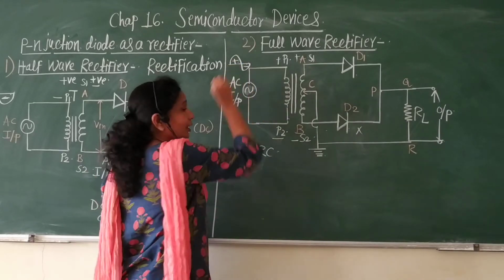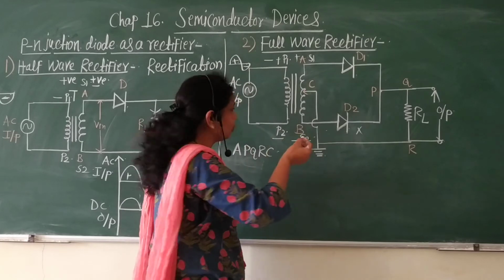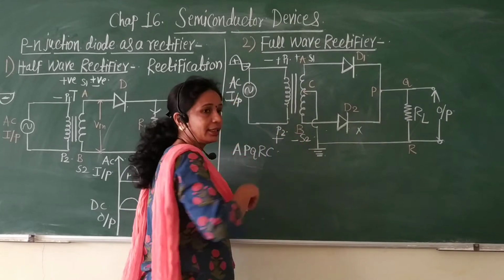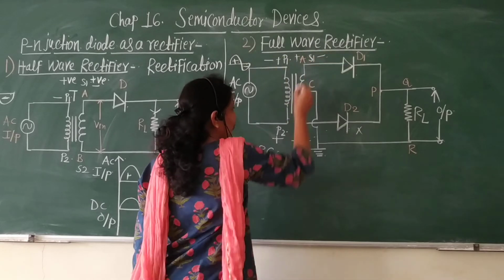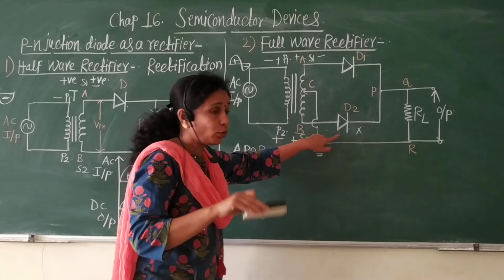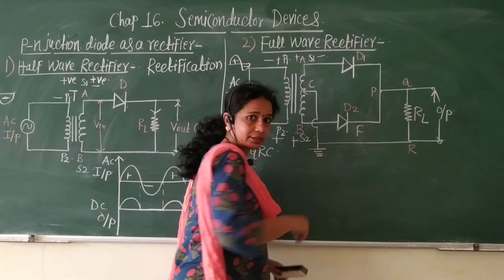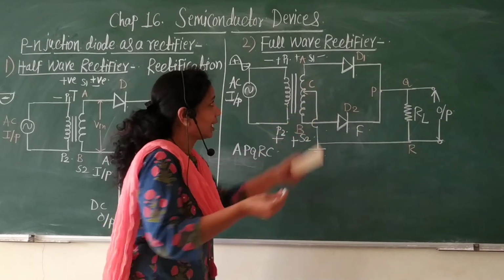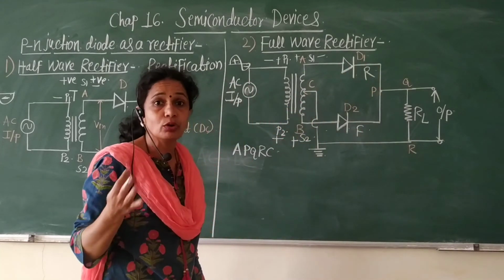Okay, during the negative half cycle, what happens? P1 is at negative potential, P2 is at positive potential. Therefore, S1 is at negative potential, S2 is at positive potential. Therefore, diode D2 is forward biased. It conducts. And at the same time, D1 is reverse biased. It doesn't conduct.